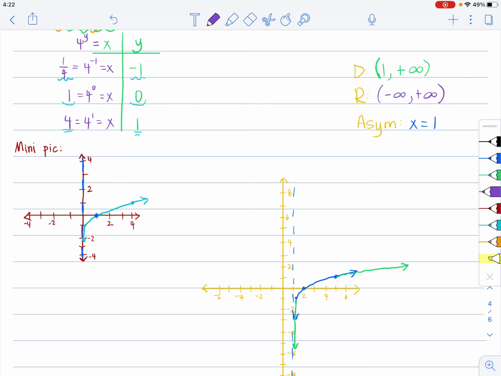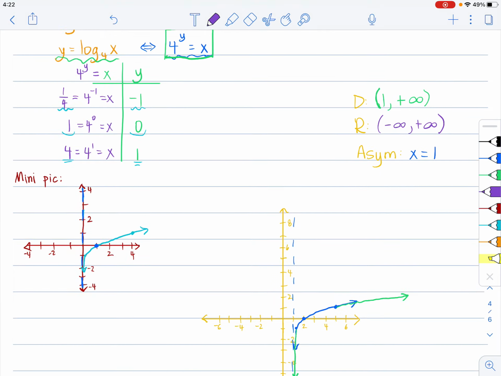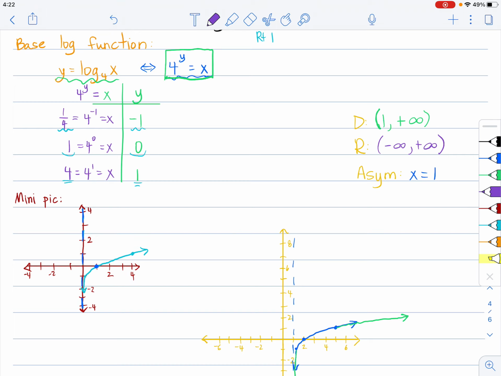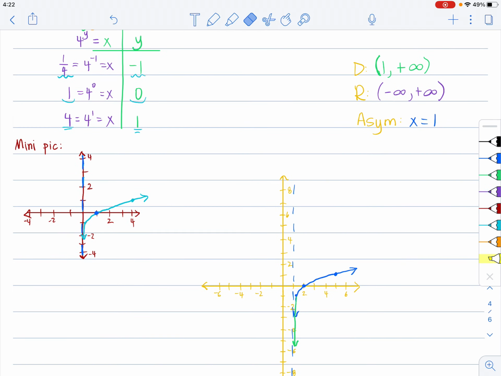And this is my solution this time. I am going to erase the weird green thing. I was just using it to explain. So this is my answer. Now I'm going to pause my video and then do the next one.